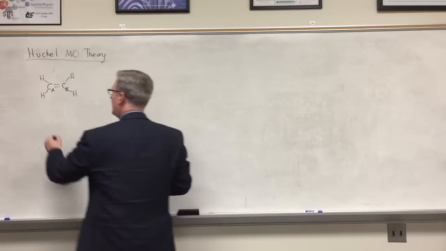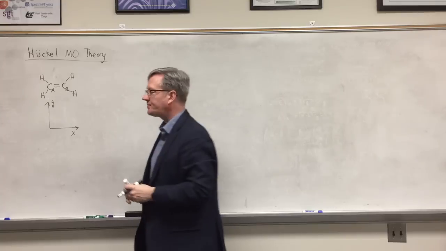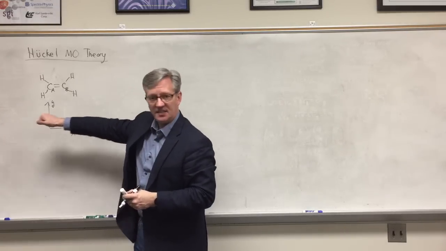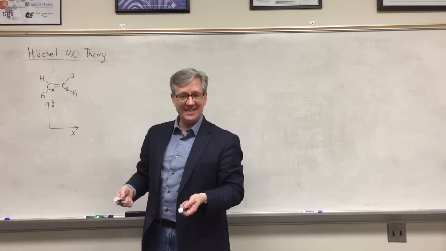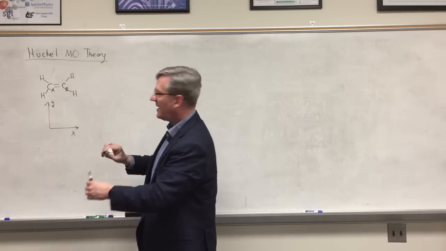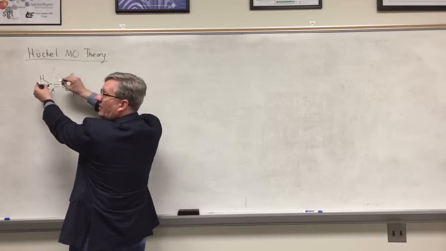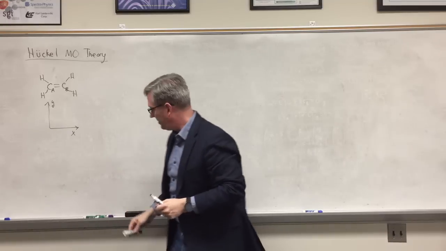I'm going to choose the plane of the molecule arbitrarily to be the xy plane, which means that the z-axis is coming out of the plane of the board, which means that those pz-type orbitals on carbons A and B involved in that side-to-side overlap have a lobe out in front of the board and then behind the board, right? So there's side-to-side overlap between those two.